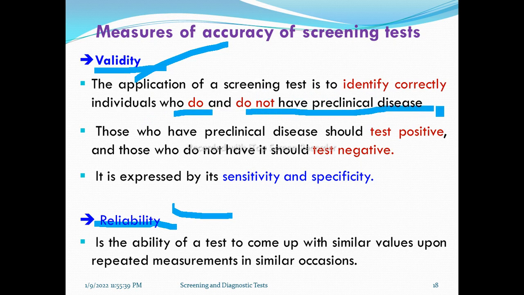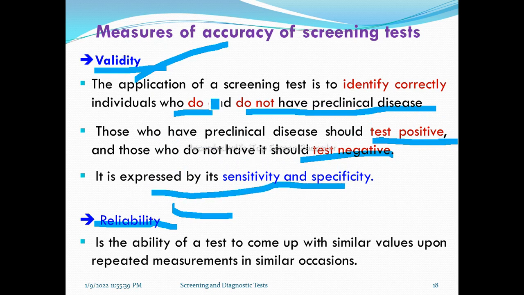So validity means the ability of the test to identify correctly those who have disease and those who do not have disease. So those who have disease should test positive, those who do not have disease should test negative. So it is expressed by sensitivity and specificity, meaning validity can be divided into two: sensitivity and specificity.